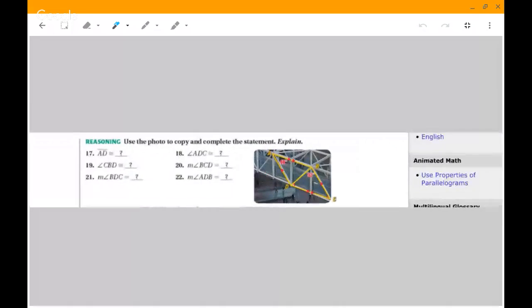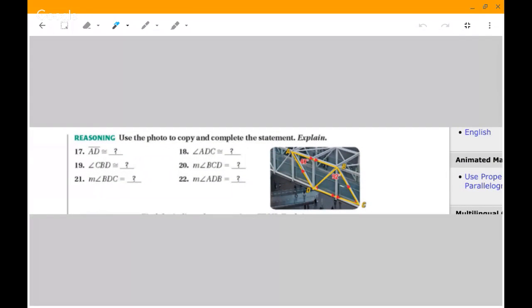You're using this picture over here, which that top angle's 40. Side AD, AD is congruent to what? We know it's a parallelogram because the top AB and the bottom CD are parallel, and AD and BC are parallel. So all those rules about parallelograms work on this shape.